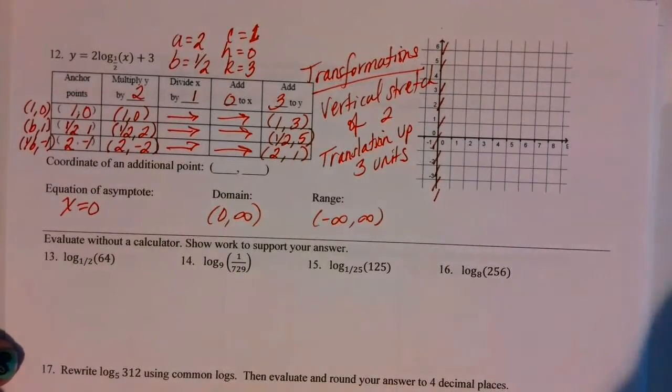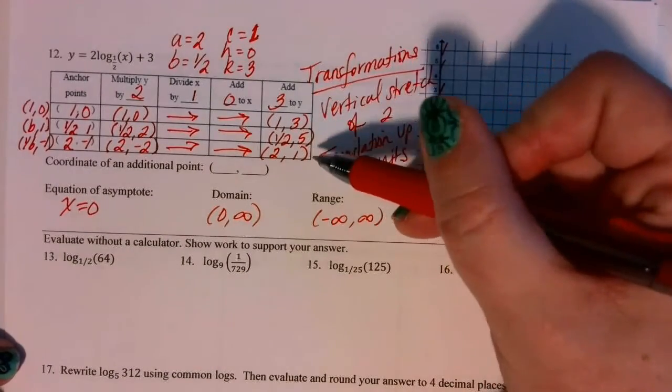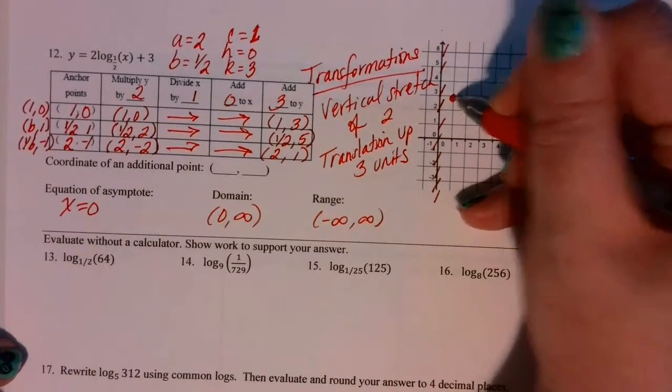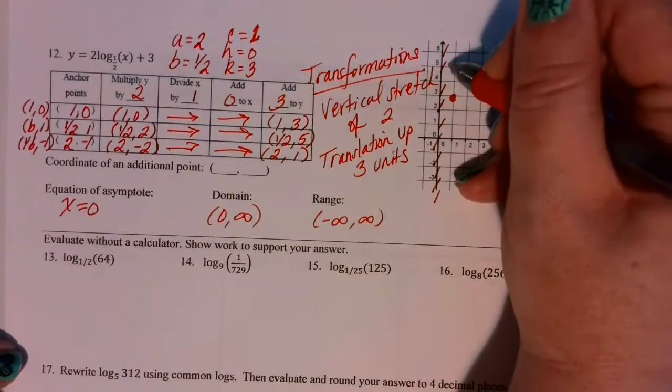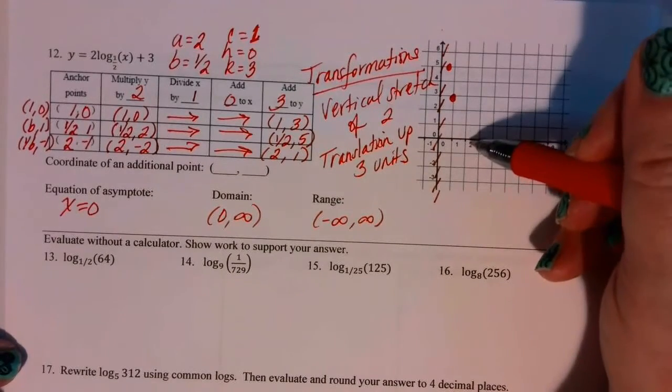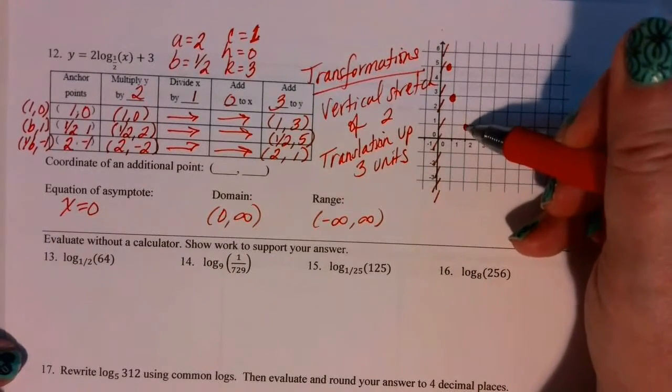And if we plot these 3 transformed points, we'll plot a point at 1, comma 3, at 1/2, comma 5, so that's approaching the asymptote, and then 2, comma 1.